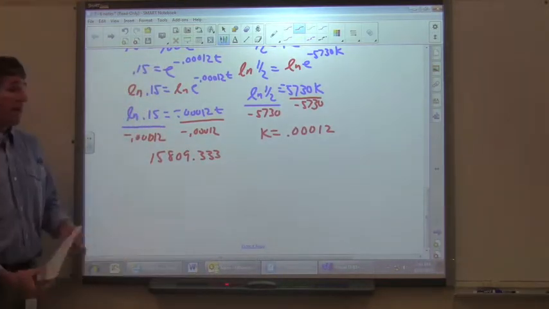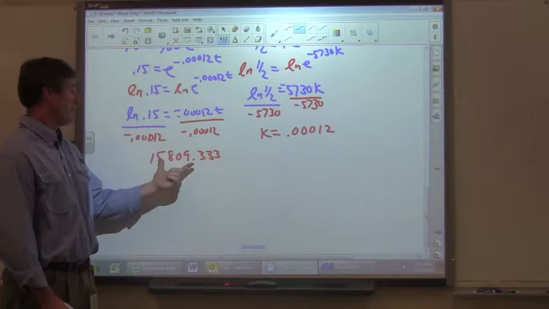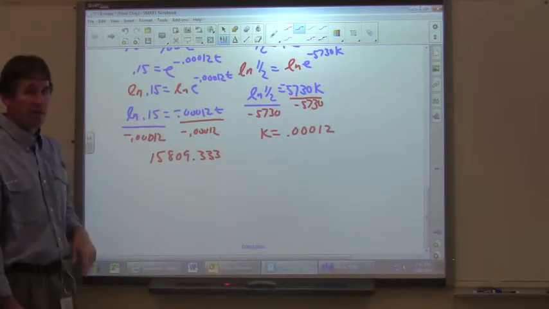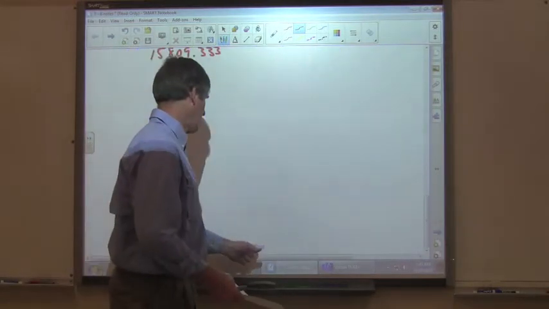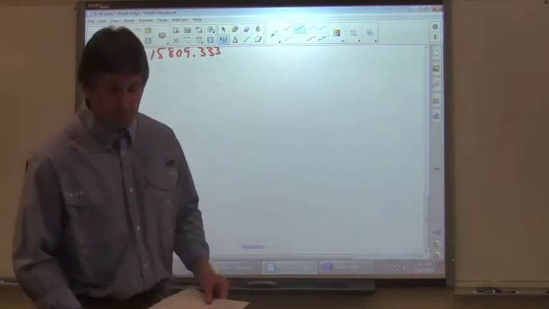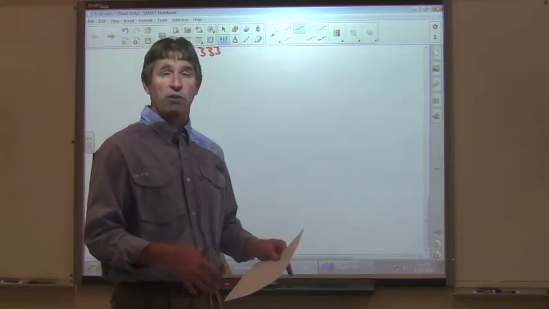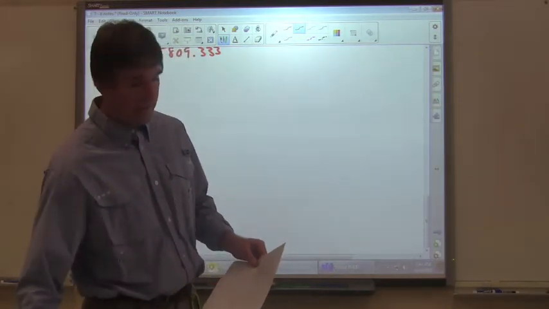So they now know that that saber-toothed cat that they found the bones for would have been alive 15,809 years ago. So it gives you a way to calculate, when they find bones, how old those bones are. So you can see most of the work is the exact same as what we've been doing. We're just doing natural logs instead of log base 10 like we did on the last assignment.